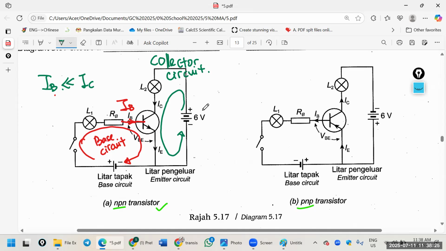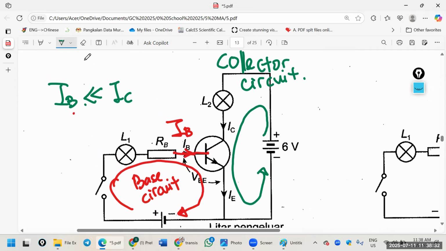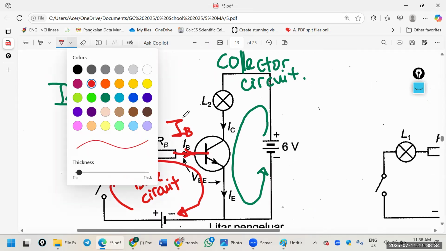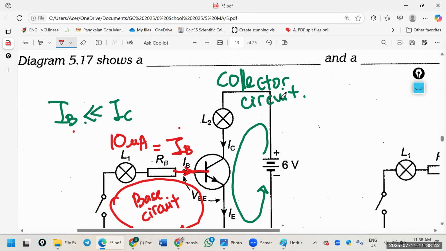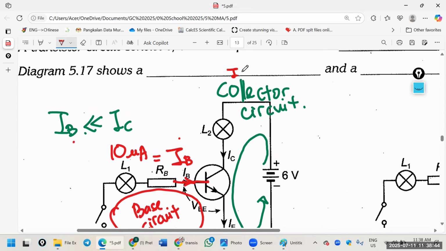All right. So, for example, like just now, maybe normally IB equals 10 microampere. Then IC here normally will be 1 milliampere.